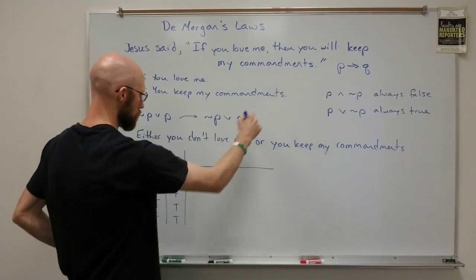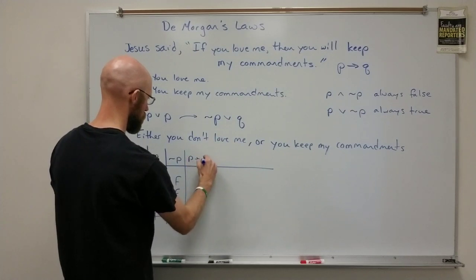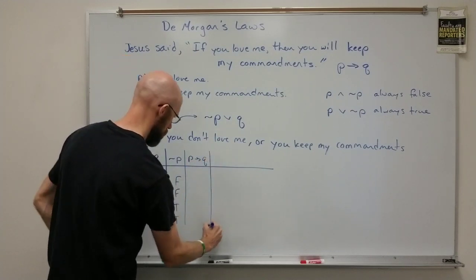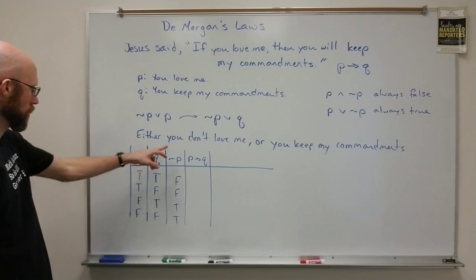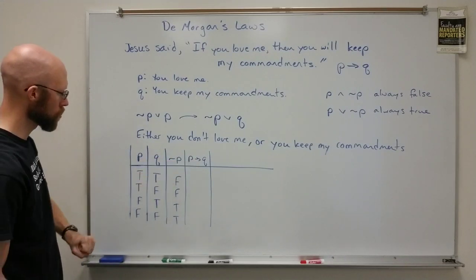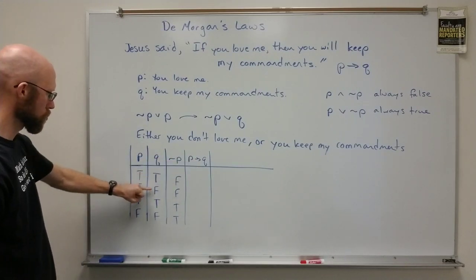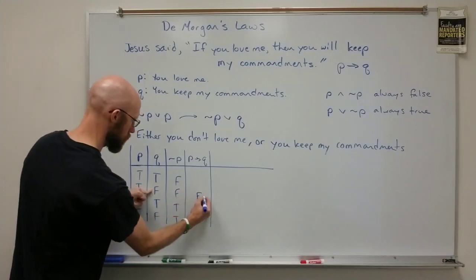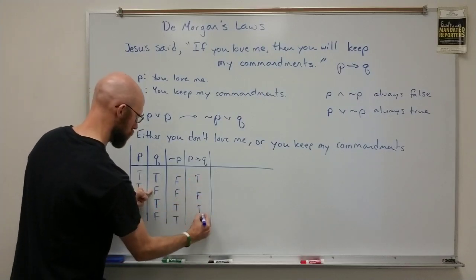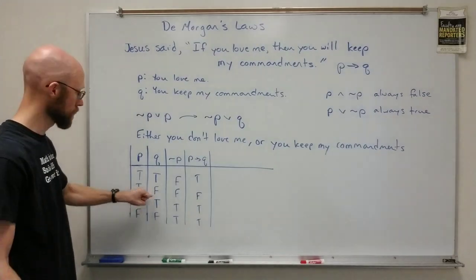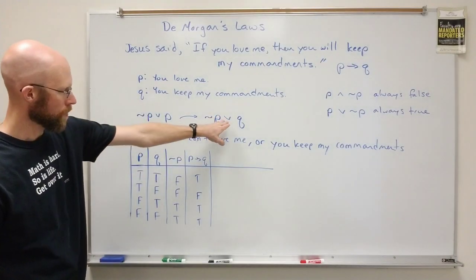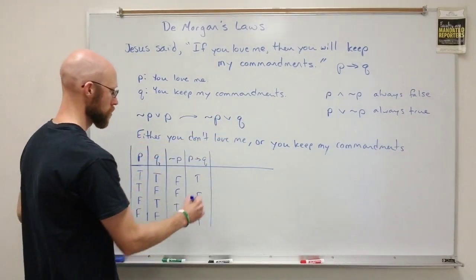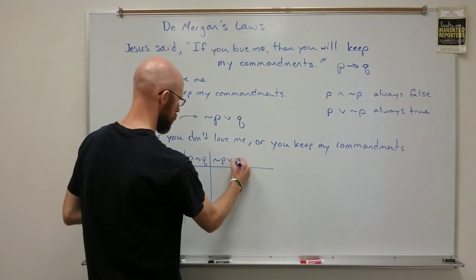Now P implies Q is only false when P is true and Q is false, so that's false. And then you have true, true, true elsewhere. And then of course we have this disjunction. So I'm looking at not P or Q.